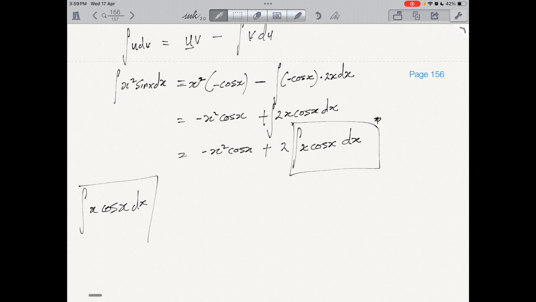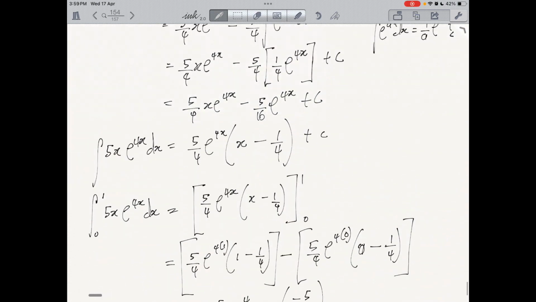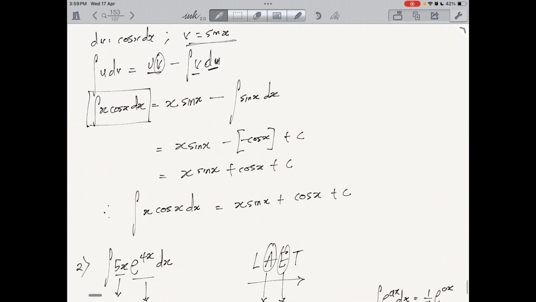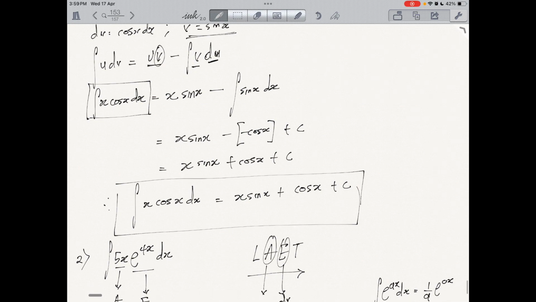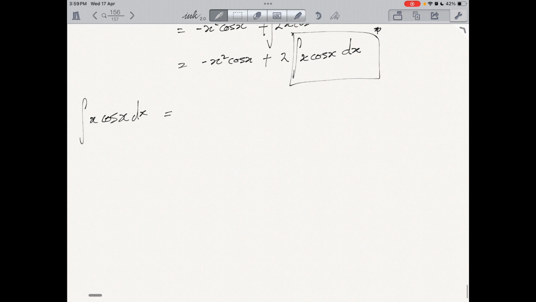Now we solved this earlier on in our first problem, that the integral of x cos x is equal to x sin x plus cos x plus c. So the integral of x cos x is equal to x sin x plus cos x.